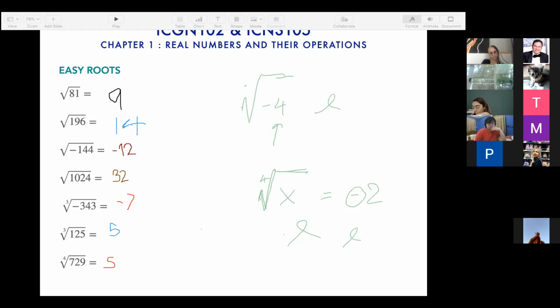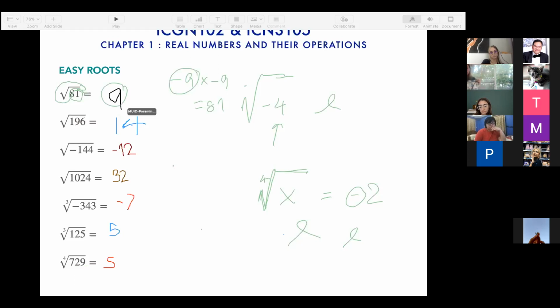Suppose the first question, if the answer is 9, then what if it's negative 9? Negative 9 times negative 9 is 81, right? Yes, negative 9 times negative 9 is 81, but because it is the square root, it doesn't allow anything inside to be negative. So that's why you cannot have minus 9 as the answer.